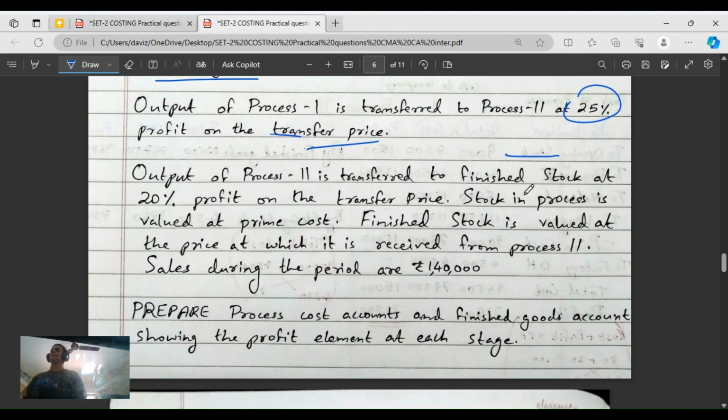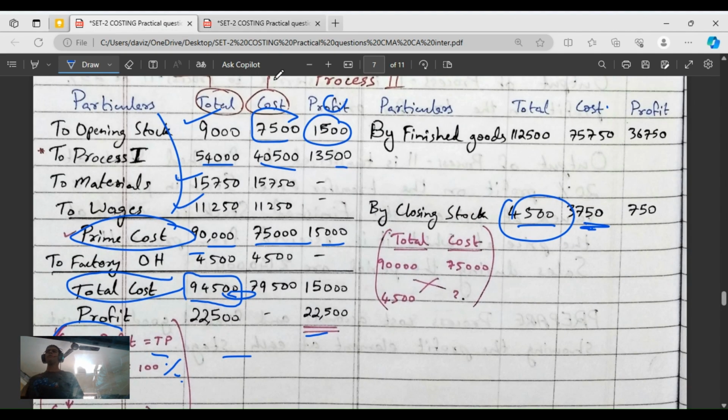So our prime cost is, I am drawing too much, sorry for that. Okay, prime cost is this. So the closing stock 4,500. Then what will be the cost in the closing stock?